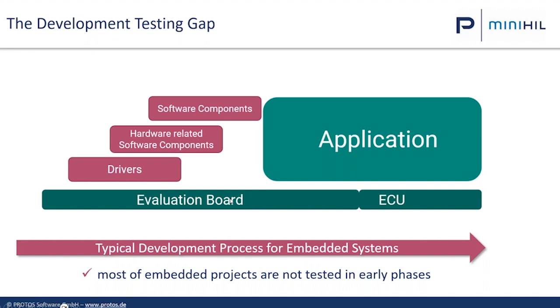On the right target processor, you configure your drivers, and you program hardware-related software components, for example, a motor control, a battery control, low-level bus systems, protocols, CAN bus, LIN, and so on. And on top of that, you put your software components and you integrate everything into your application. In the end, you move to the real hardware, to the real electronic control unit.